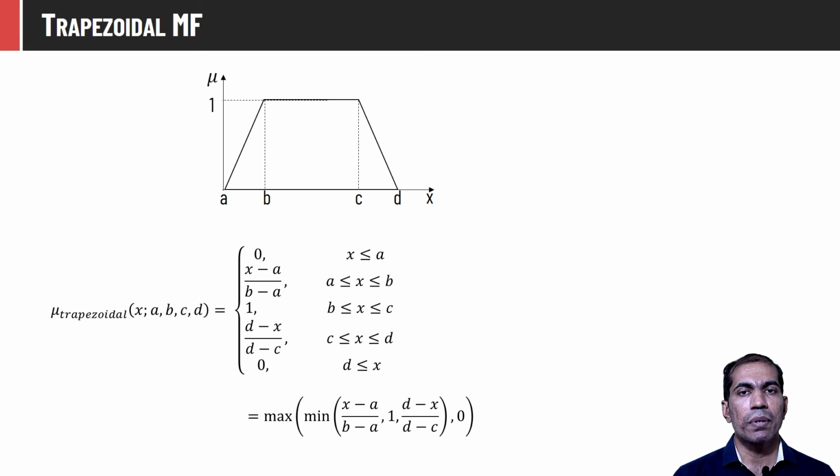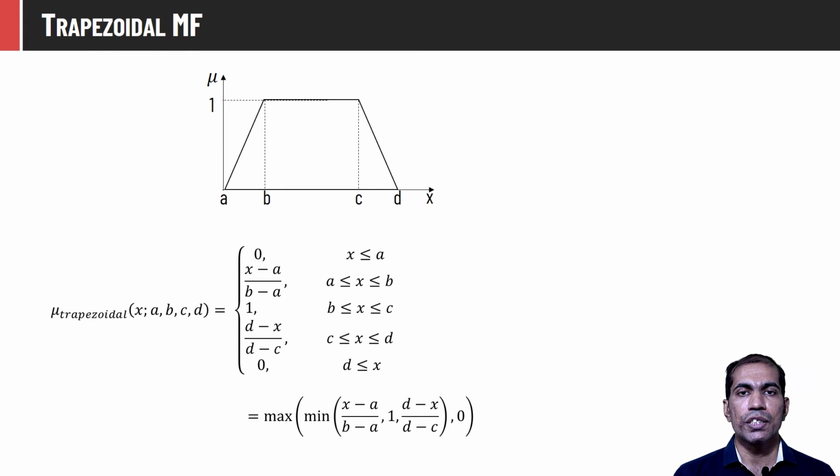The trapezoidal membership function is also widely used in fuzzy controller design. It is almost similar to the triangular function except for the flat height. The membership value of any number less than a and greater than d will be 0. If the number is in between b and c, then its membership value will obviously be 1.